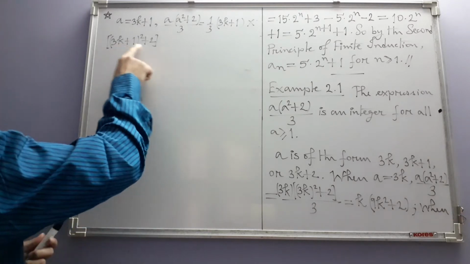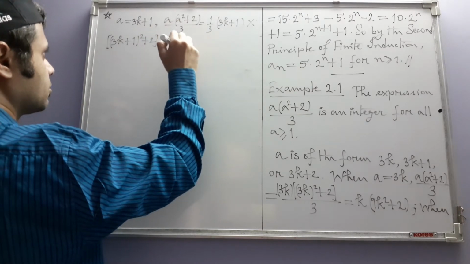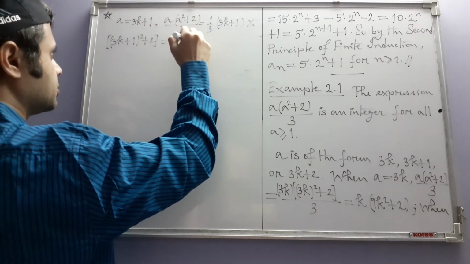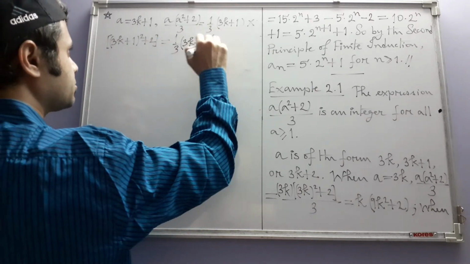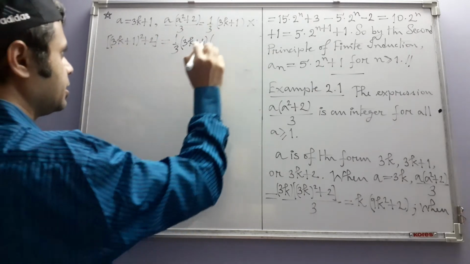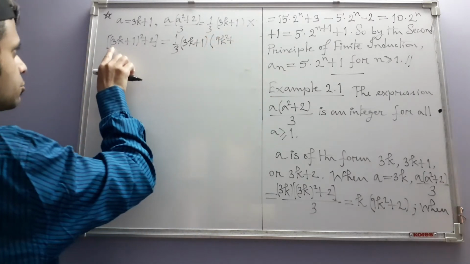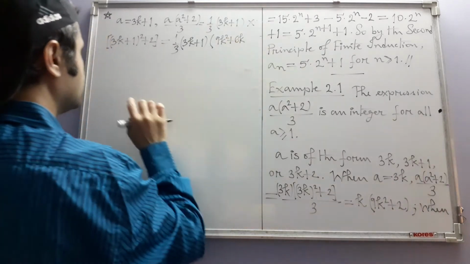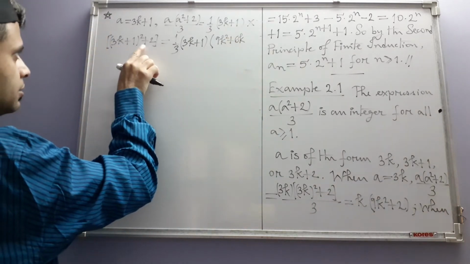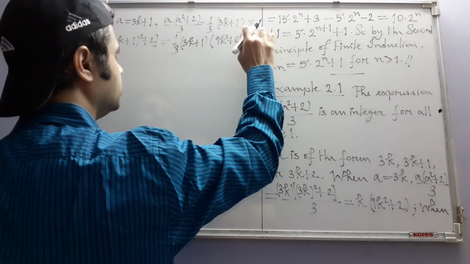Now if we expand this factor, what do we get? 1 over 3 times 3k plus 1 times 9k square plus 2 times 3k times 1, that means 6k plus 1, and that 1 and 2 give us 3.